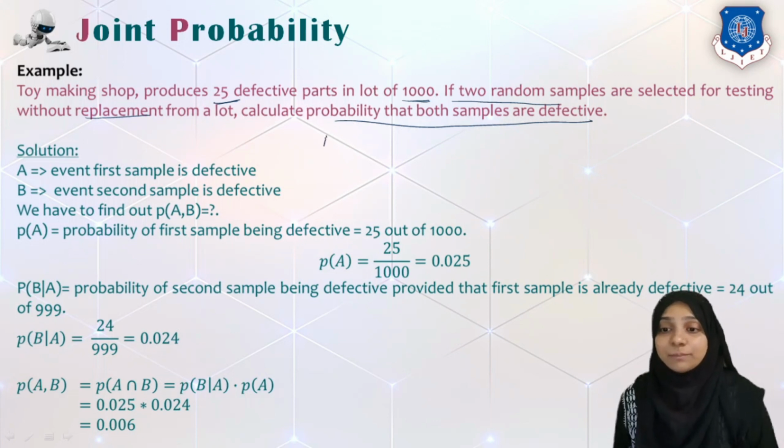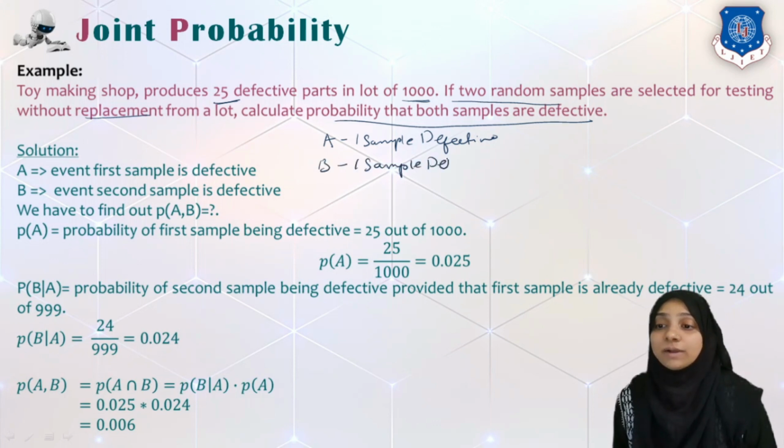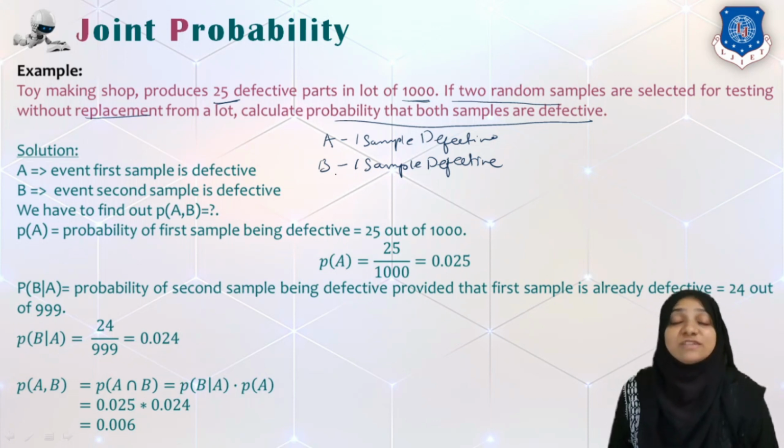Now mind that A is drawing one sample which is of type defective, and event B is again one sample which is of type defective. So what will happen? Either A happens first and B happens later, or B happens first and A happens later. Doesn't matter.